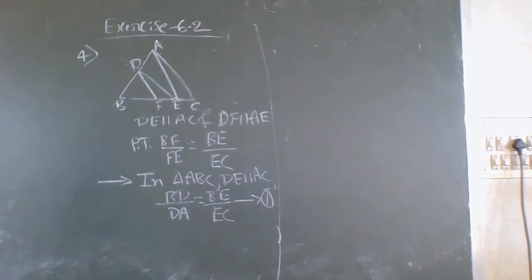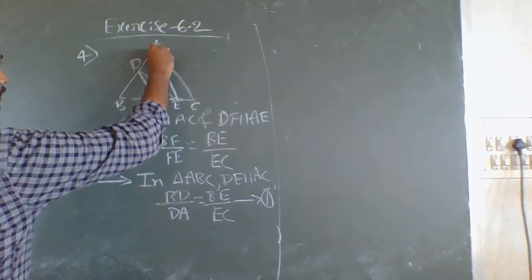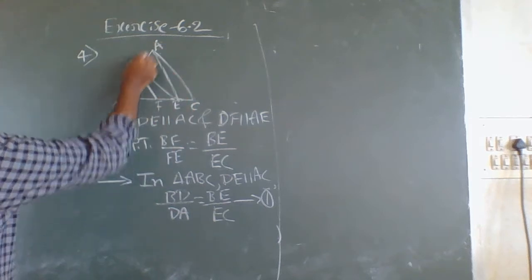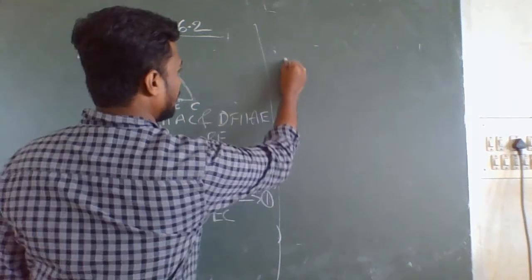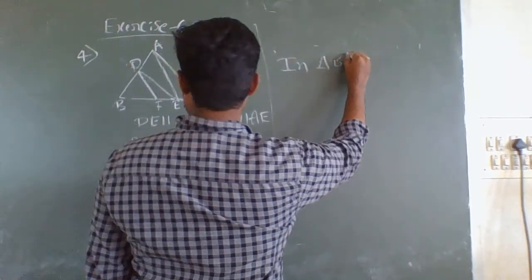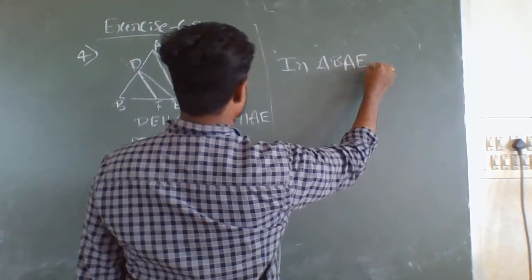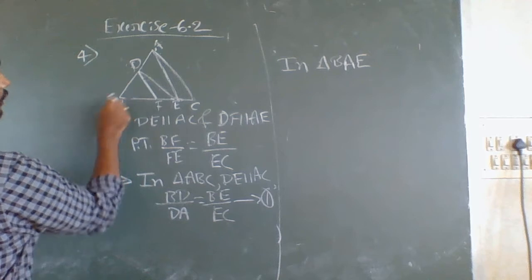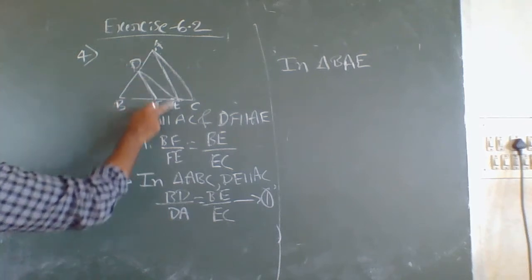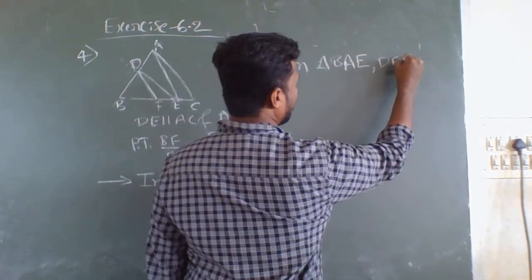Now again I will consider triangle BAE. Here in triangle BAE, they have given that DF is parallel to AE.